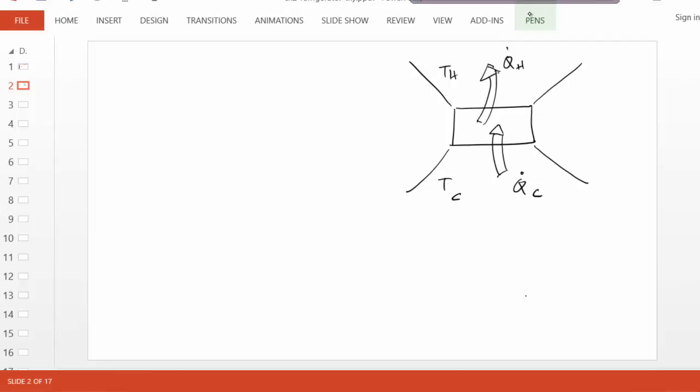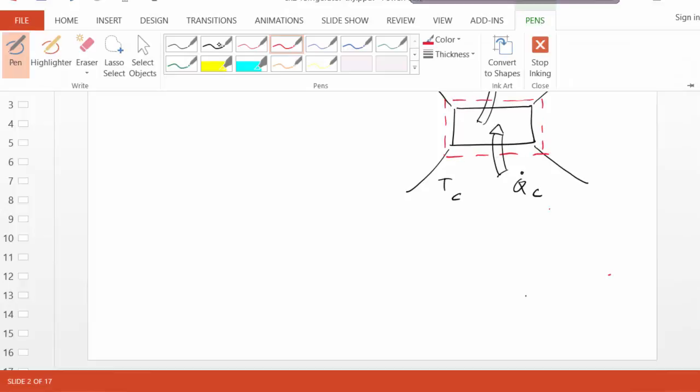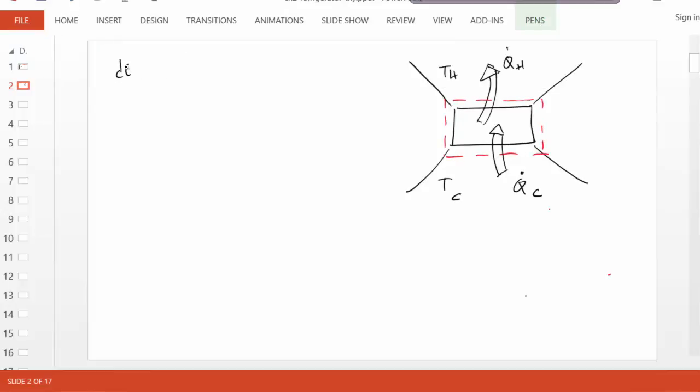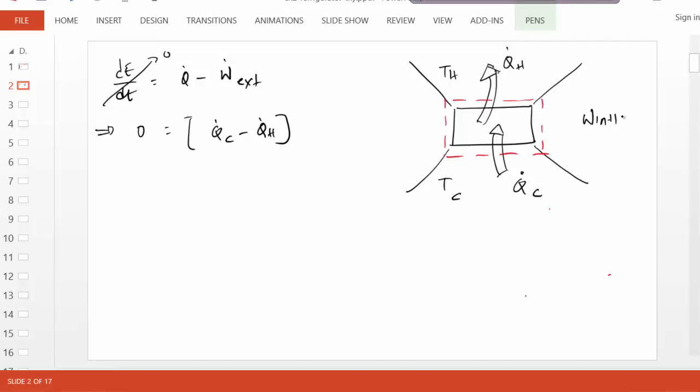All right, let's do an analysis of the system. Make a boundary of the system's universe. The energy equation can be simplified for this particular system. Steady state, 0 becomes Q dot, which is Q dot C minus Q dot H. Again, we are using the Wien-Hip sign convention.